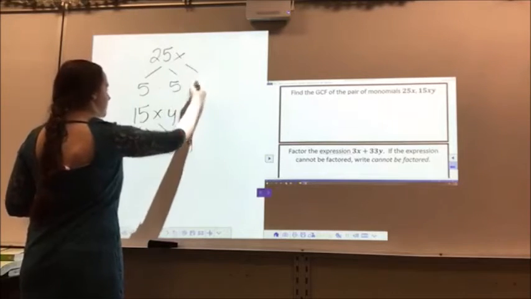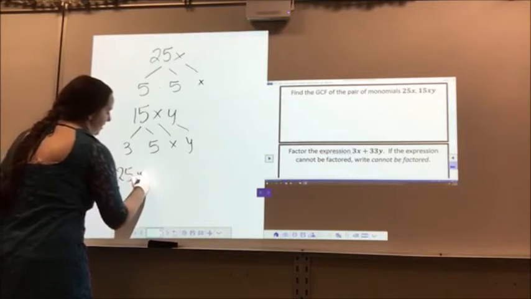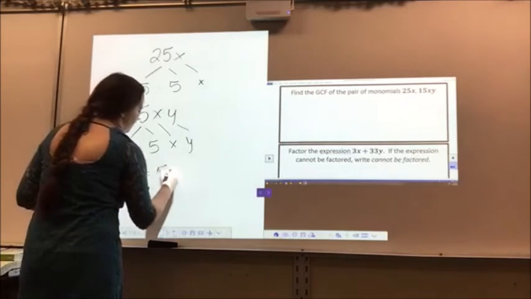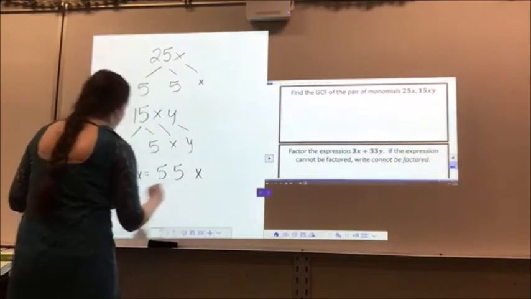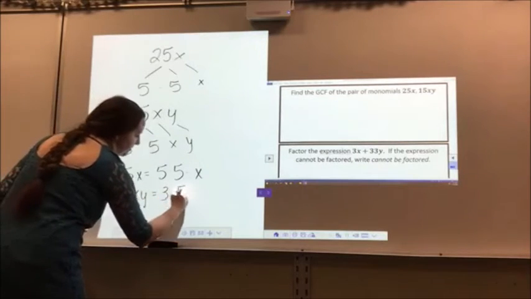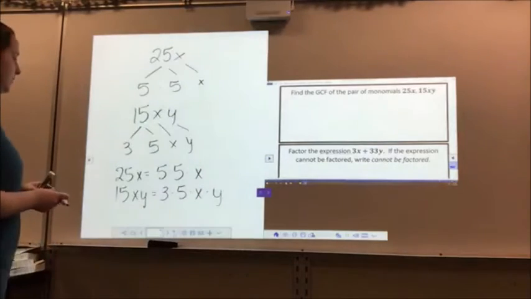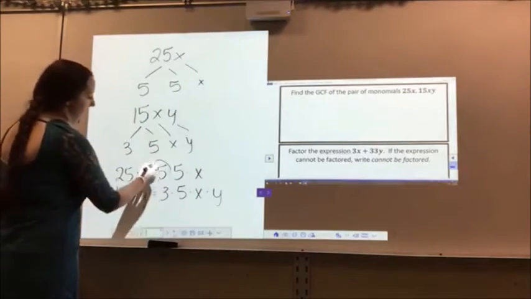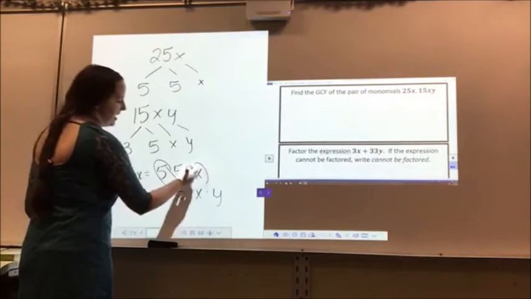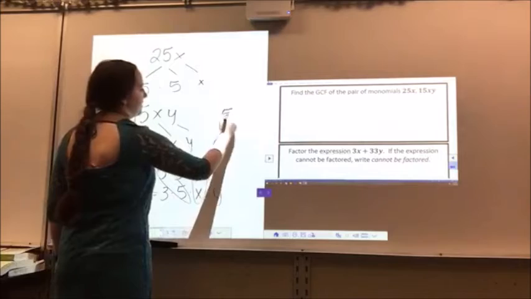So 25x equals 5 times 5 times x, and 15xy is 3 times 5 times x times y. They both have a 5 in common and an x in common. So that means my GCF is 5x.